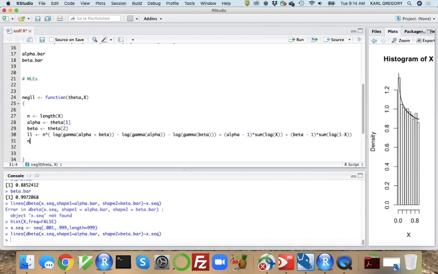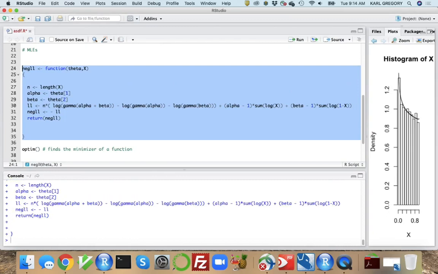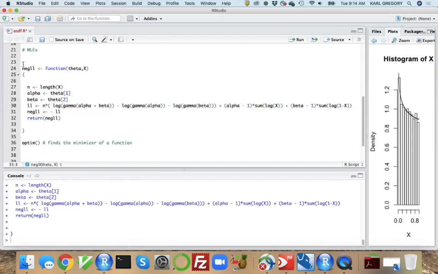And now the negative log likelihood is going to be minus the log likelihood, and that's the value I want to return from this function. Okay, so I've defined this function called negative log likelihood. I can see if the function works by dropping in some values for theta.